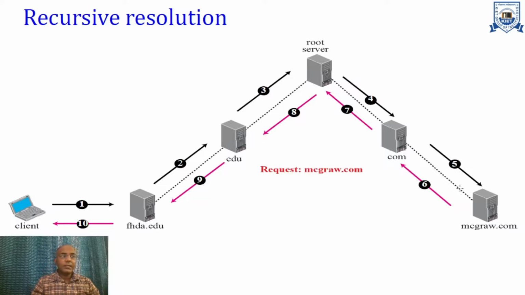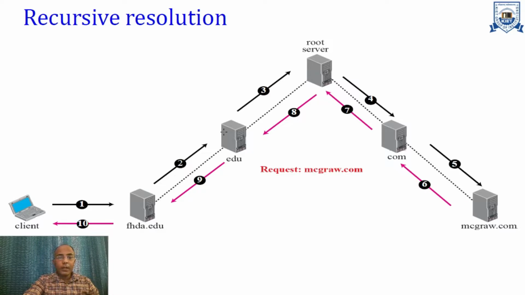Once the request reaches the correct server or node in the DNS tree, the response is recursively sent back to the client. You can see it clearly in this diagram: the client sends a request to fhda.edu, but that is not having the IP address, it is just a generic name.